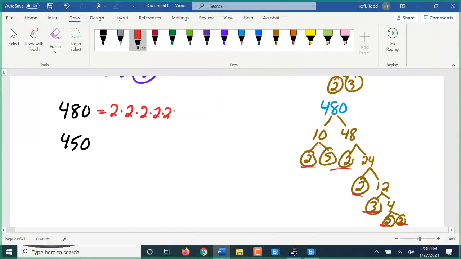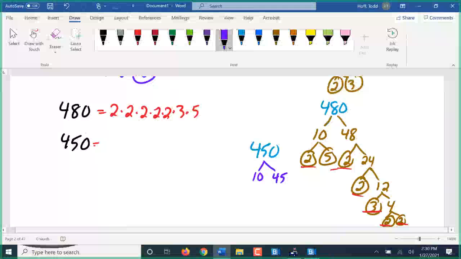Three and 5. Let's do the 450. Of course, that can be divided by 10. We're going to make it easier on ourselves again. 10 can be divided by 2, leaving us with 5. 45 can be divided by 5. 45 divided by 5 is 9.